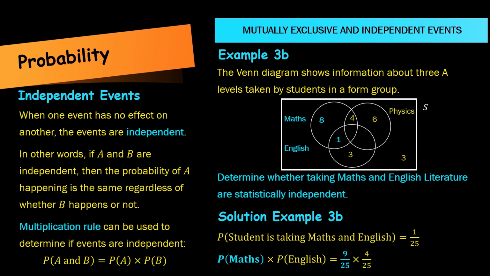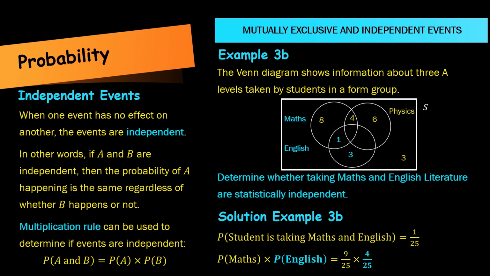And let's check now if the formula also holds. So the probability of maths times the probability of English should equal the probability that the student is taking maths and English. So the probability of maths is 9 out of 25, and the probability of English is 4 out of 25.